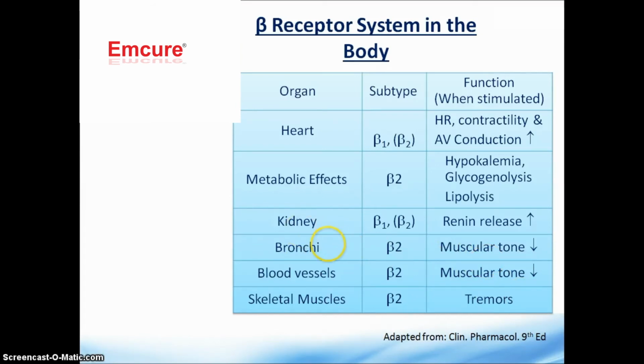So when you block them, the muscle tone will increase and they will cause bronchospasm or bronchoconstriction, as well as in the blood vessels they will cause vasoconstriction. So when they are stimulated, they reduce the muscle tone of the bronchi and the blood vessels, whereas when they are blocked, they increase the muscle tone in the bronchi and the blood vessels.